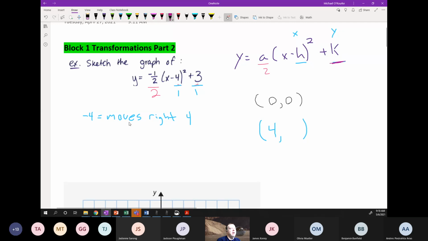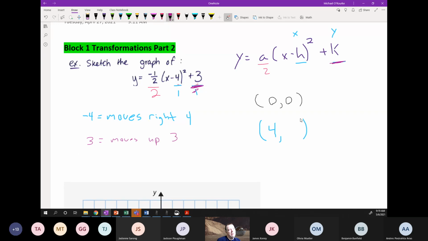Now what about my k value? What about this 3? What's going to happen with that 3? What does that 3 mean? It moves up. Good. So moves up 3. Perfect.